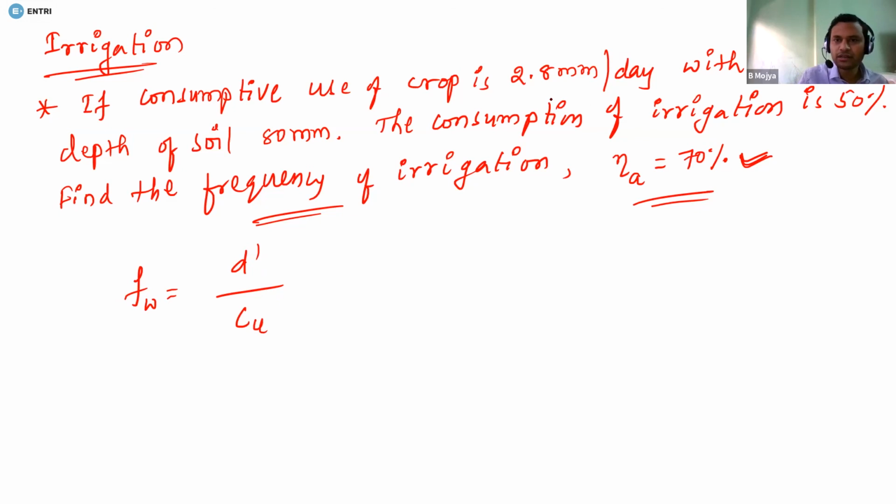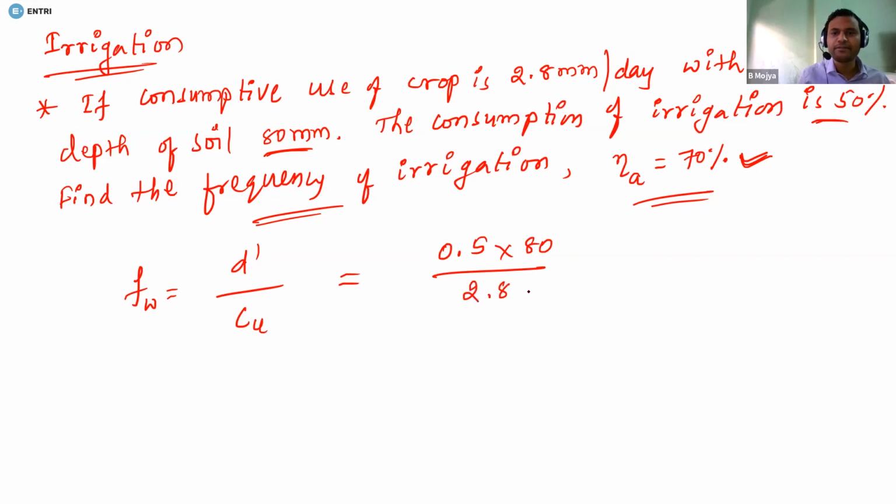D dash, the overall depth, is given as 80 millimeters, but the consumptive irrigation is given as 50%. So D dash equals 0.5 times 80, divided by CU, which is given as 2.8 millimeters per day.